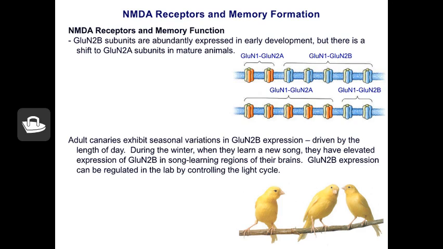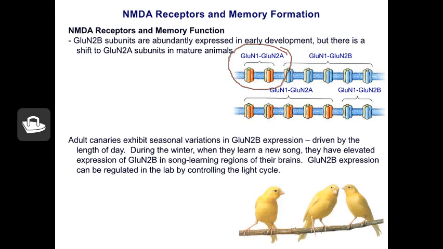In particular, the GluN2B subunit is expressed highly in forebrain regions in juvenile development in mammals. Later, there's a switch to GluN2A subunits. And this is illustrated in the diagram at the upper right of the slide. This schematic shows early in development, we've got not so many of the GluN1, GluN2A heterotetramers.